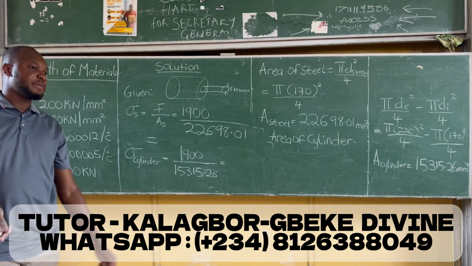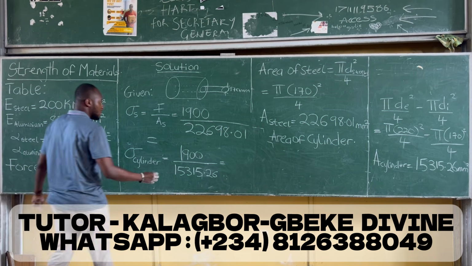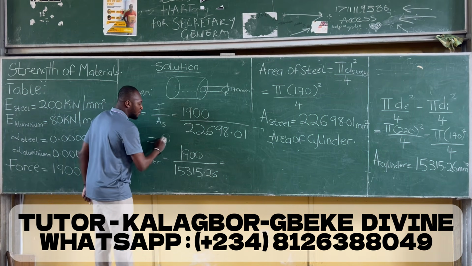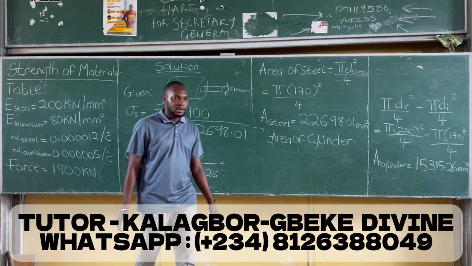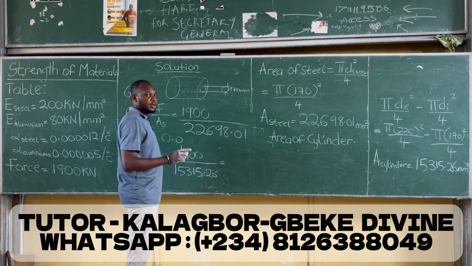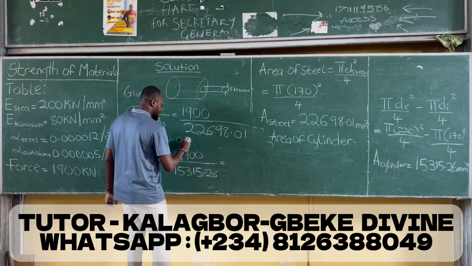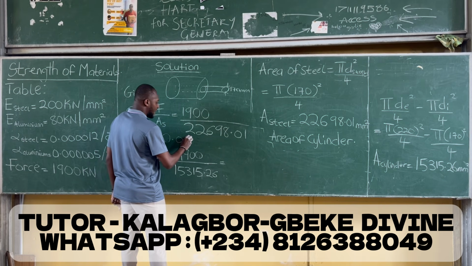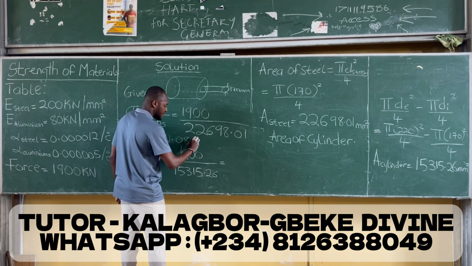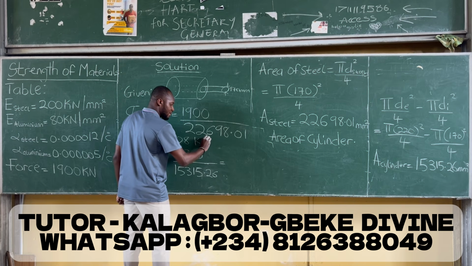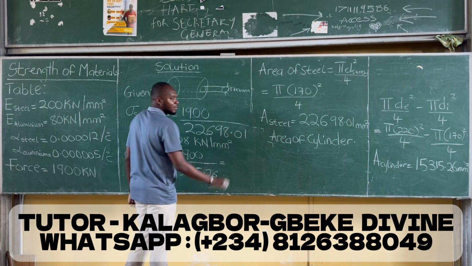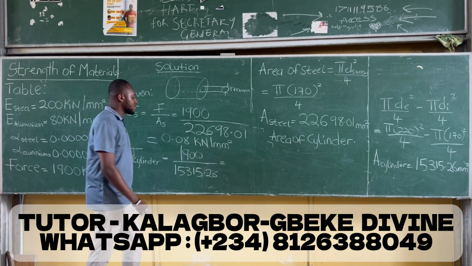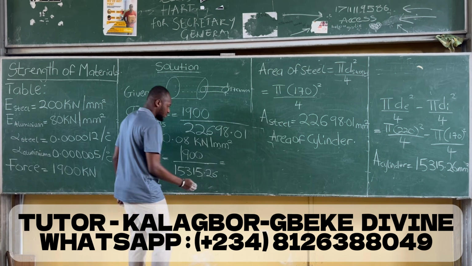So the first one is 0.0837, 0.08 to 2 decimal places. And what's our symbol? What about the second one?